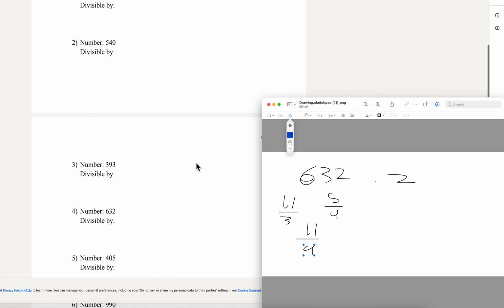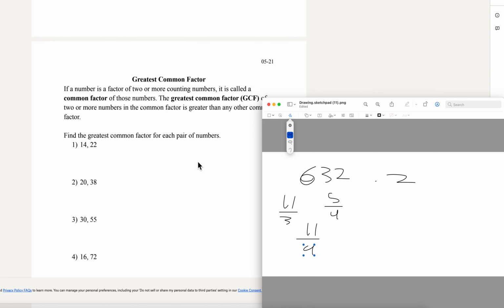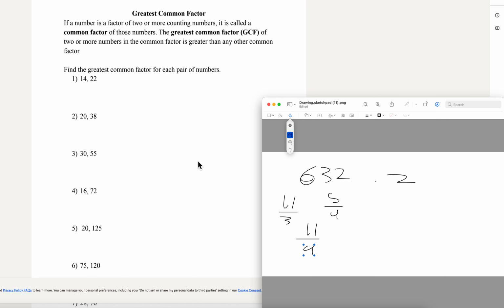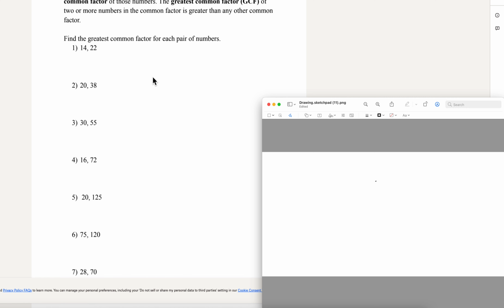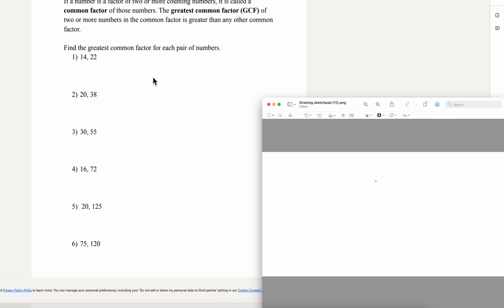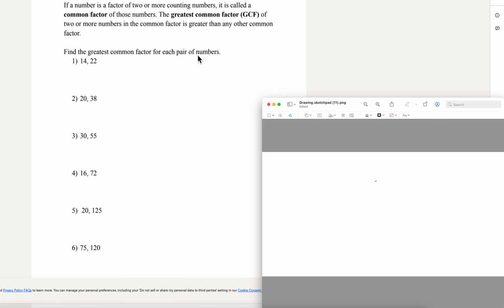Okay. Greatest common factor. Find the greatest common factor for each of the pairs. So a common factor is something multiplied with something that makes these specific numbers, and that's really it.